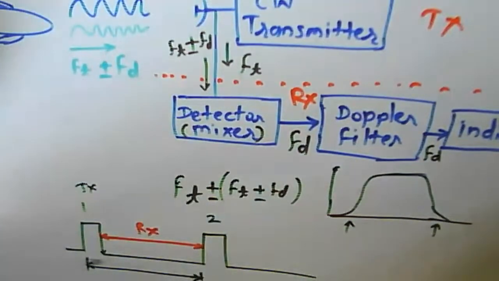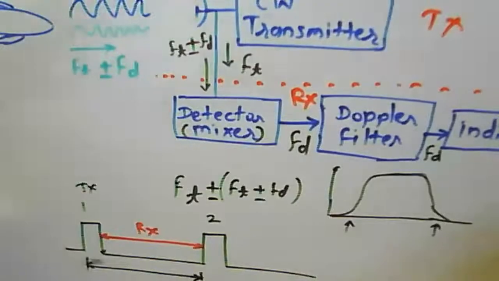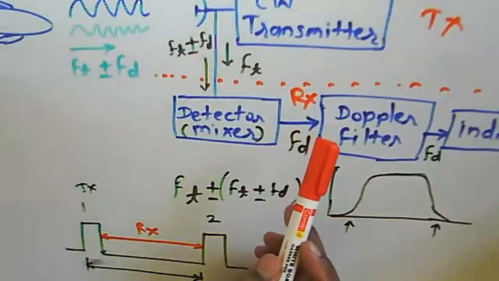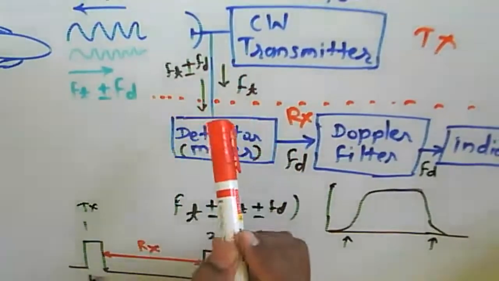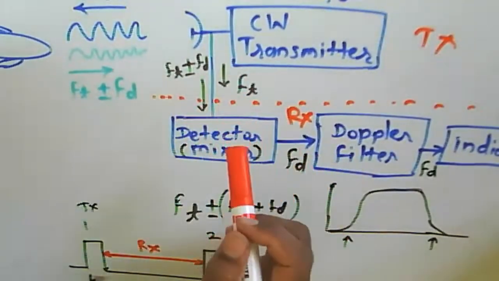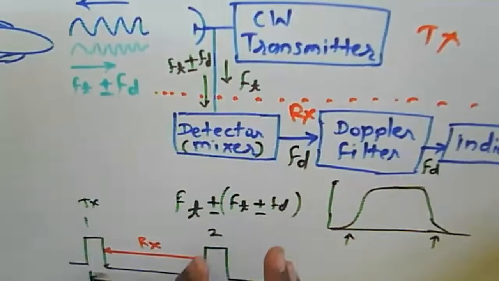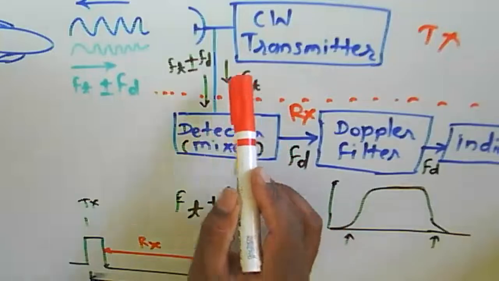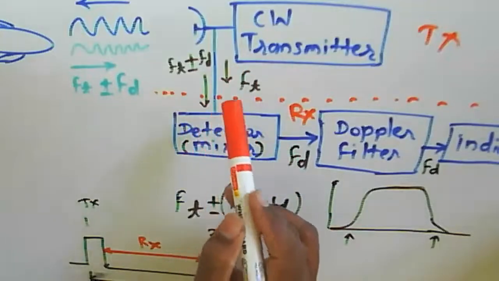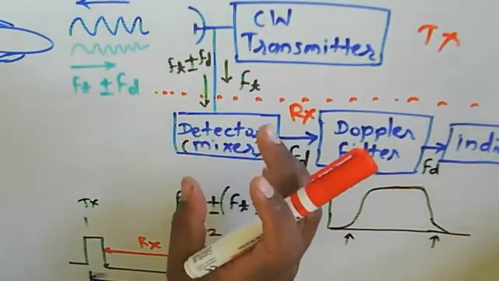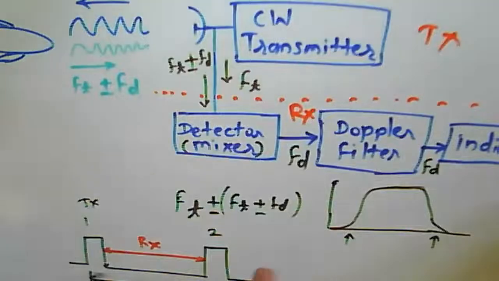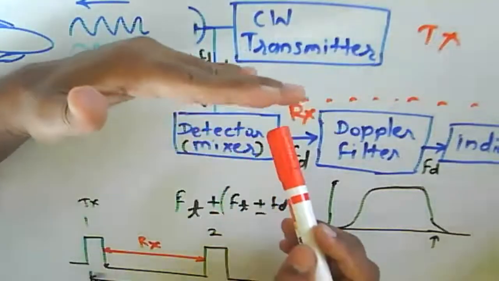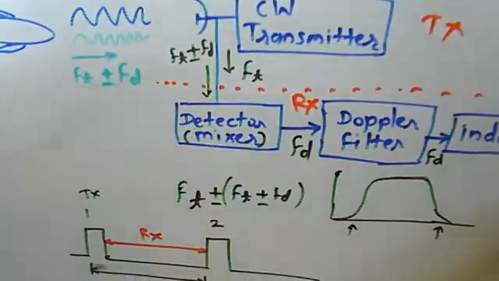We can use various kinds of devices, such as a circulator. We can use junctions there, or another way is to use a different kind of polarization, which we can call hybrid polarization. So that isolation between the transmitter and receiver happens, and your receiver will not be damaged by what is transmitted.